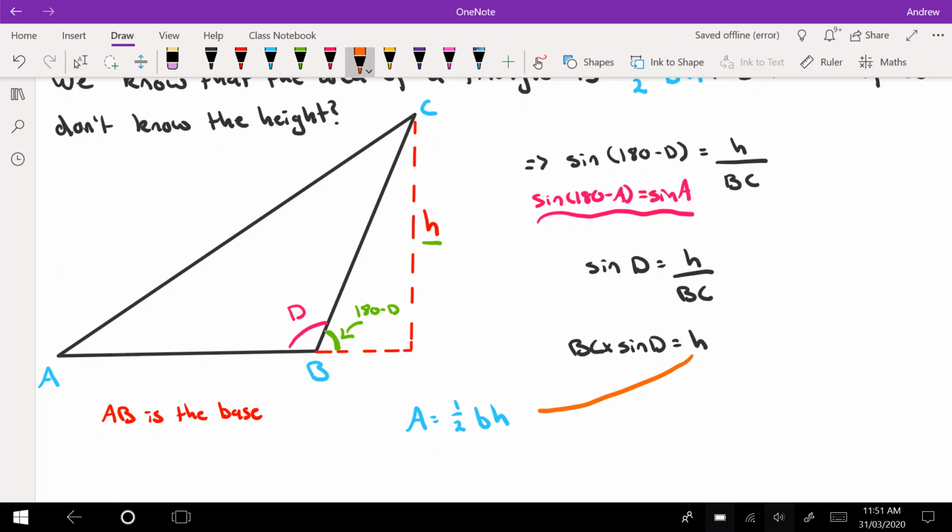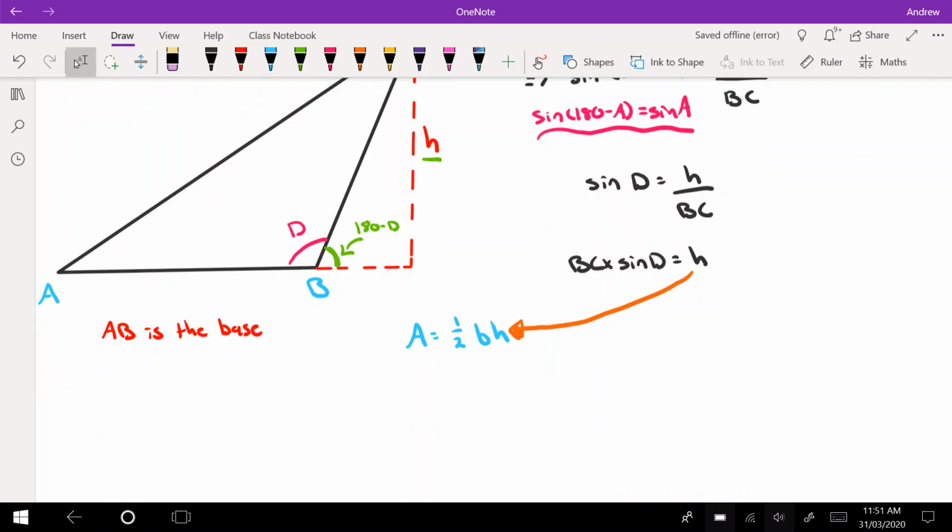And if this here is equal to the height, for any triangle, because that could be any line, so for any triangle, area is equal to a half times AB, which is my base for that triangle, times BC, which is this line, times the sine of the angle D. That formula here is for this specific triangle, but we can now generalize it for any triangle, and we're going to do that below.